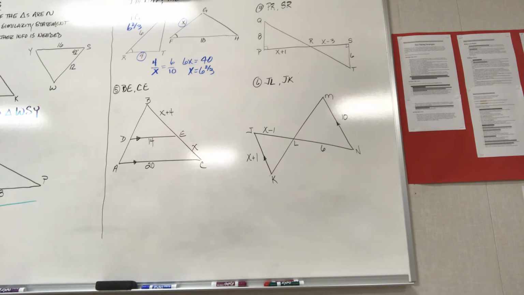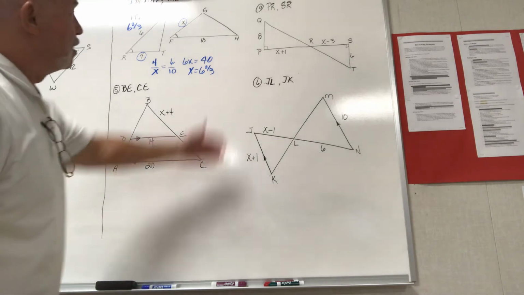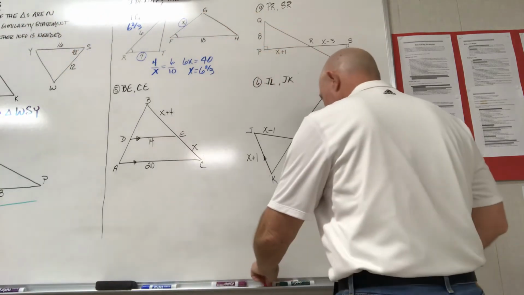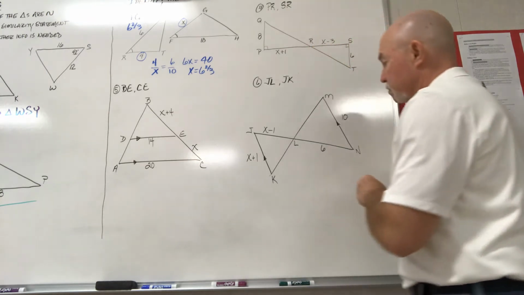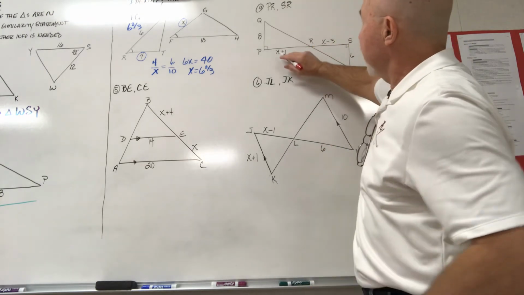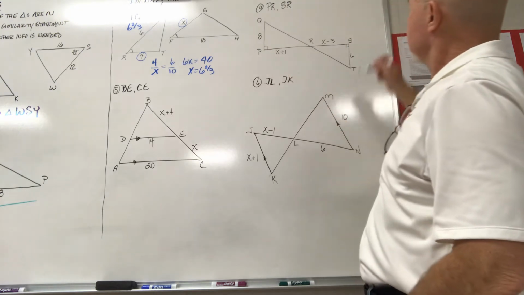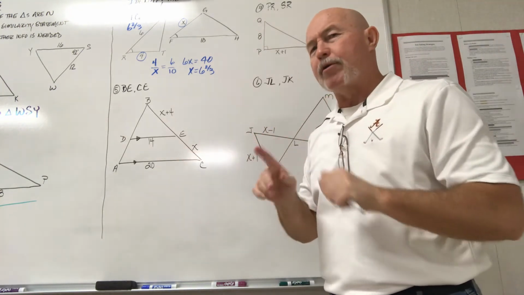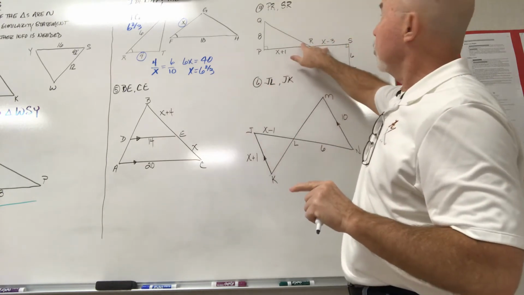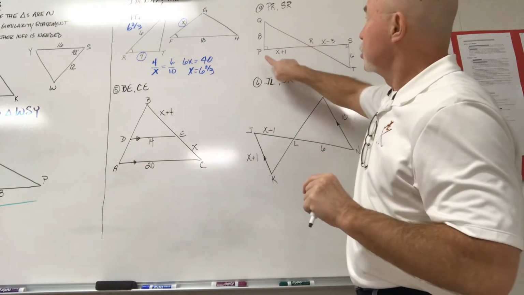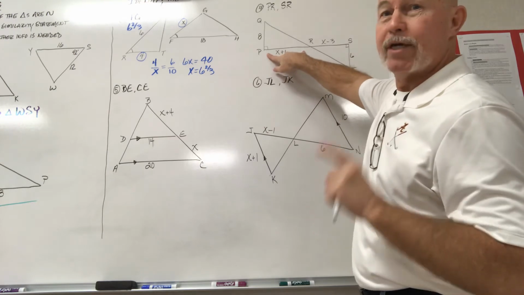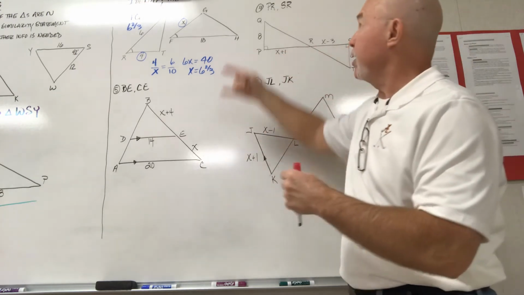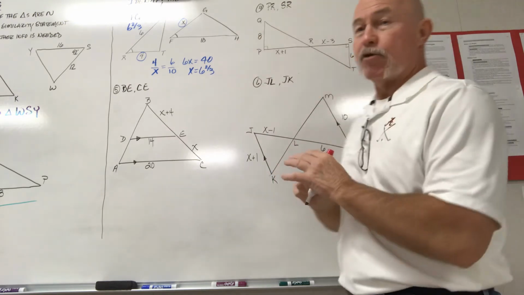Okay. Number 4. Okay? 8 and 6. Now you're probably thinking, well, wait, they both revolve around a right angle. But look, we also have our vertical angles. So, between the two equal angles, those are going to go together. These are going to go together.